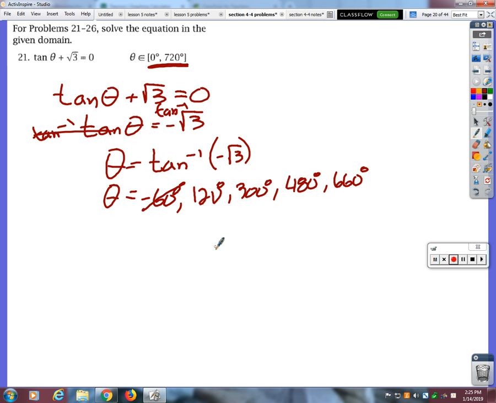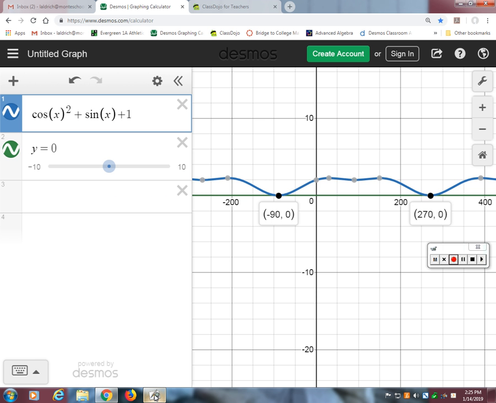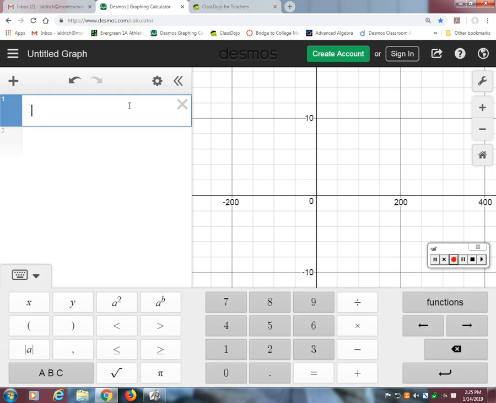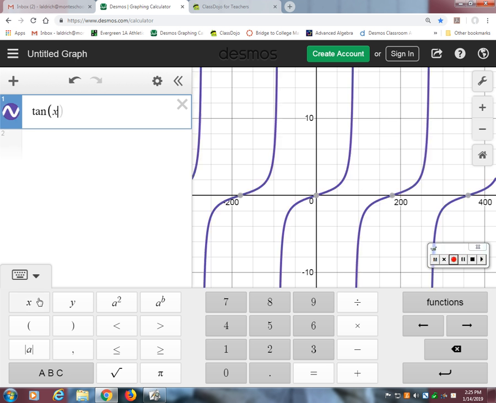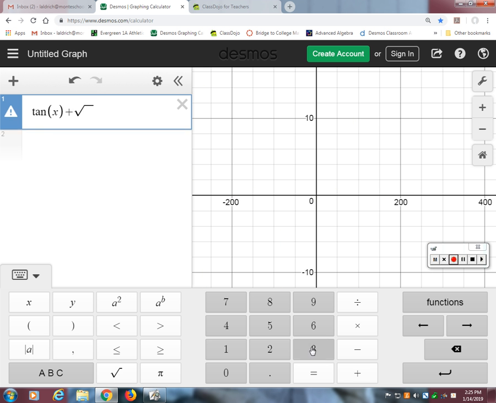All right, so I want to show you guys the graph of this again. Make that connection. See how this time it's not 0 and 720. We just want the answer to be in between 0 and 720. So what this one is doing is it's starting out with the tangent of x, I'll just use x, plus the square root of 3.